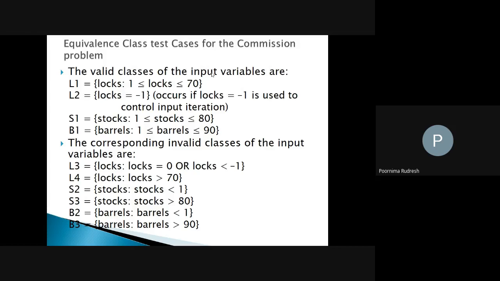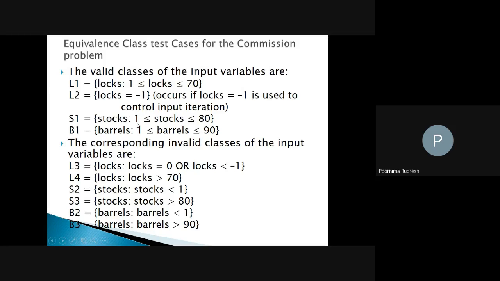Here the salesperson needs to sell locks, stocks, or barrels. The condition for the number of locks to be sold is from 1 to 70. If he tries to sell more than 70, it will display the error message. If no locks are sold, then also it displays the error message, because the condition is given from 1 to 70, right?